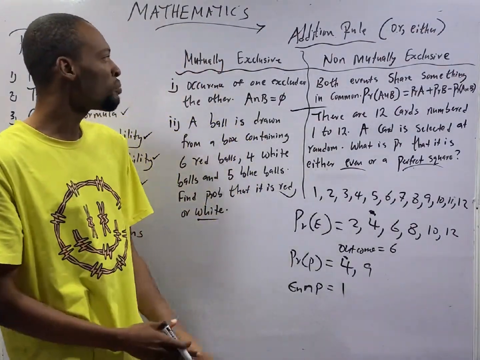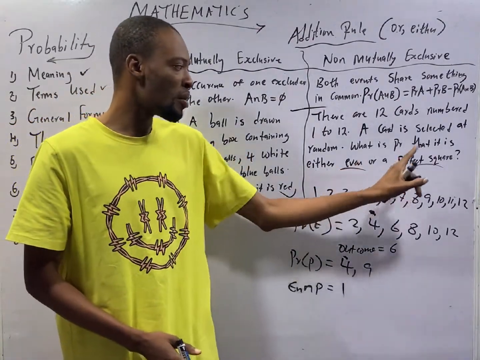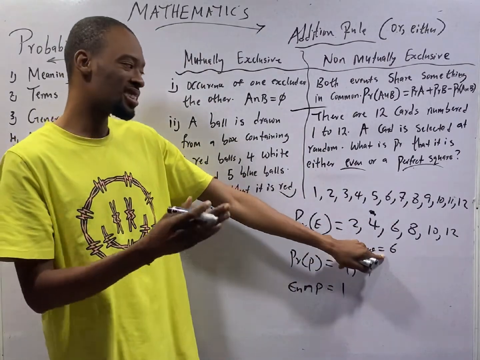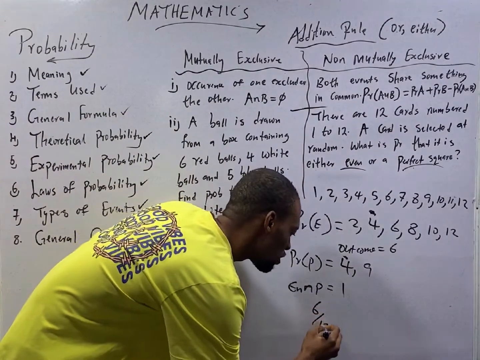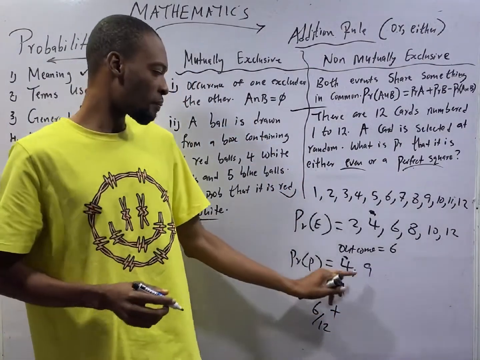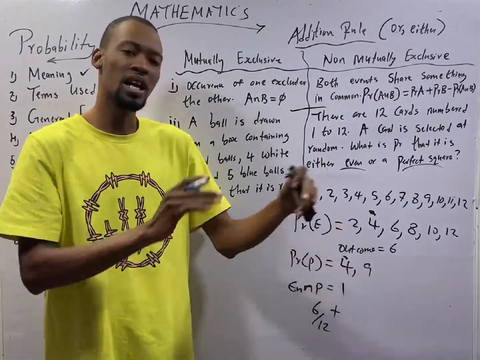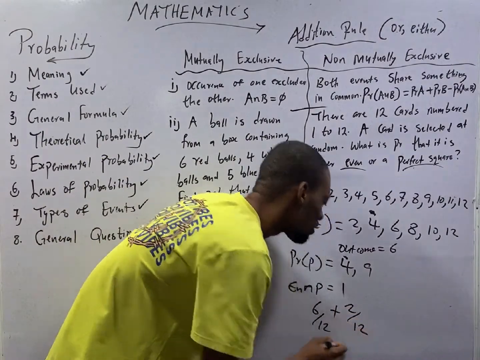Now, if it were mutually exclusive, the probability of either even or a perfect square would be even with 6. Total number is 12. So 6 over 12 plus perfect square, we have two numbers that are perfect squares, that is 2 out of 12 total numbers, 2 over 12.